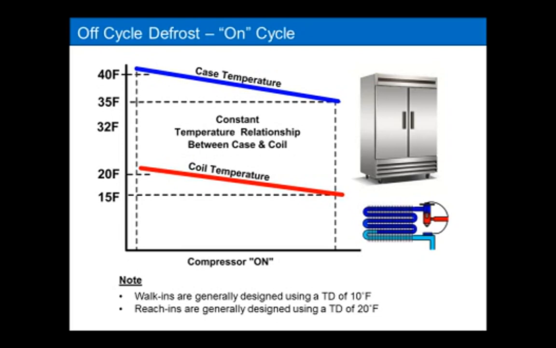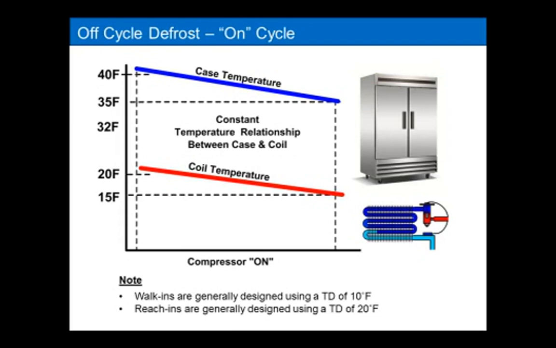The design of the case is designed around a specific temperature relationship between coil temperature and case temperature. And that constant coil to case temperature relationship, we're going to use that to our advantage. We're going to be able to monitor coil temperature, maintain coil temperature, controlled by the coil temperature, but yet give us our desired results of keeping the case temperature where we want it.